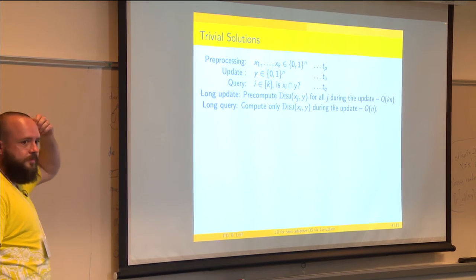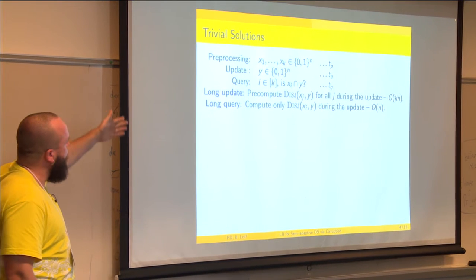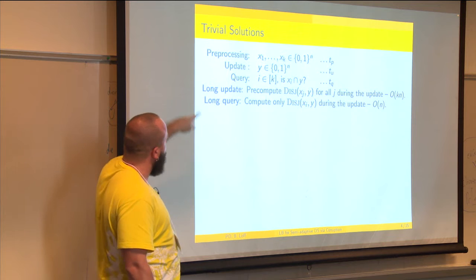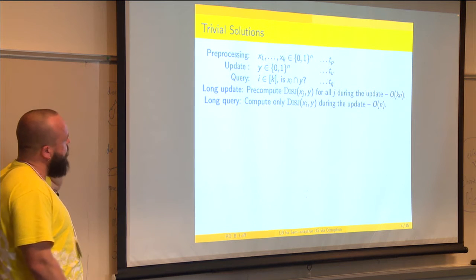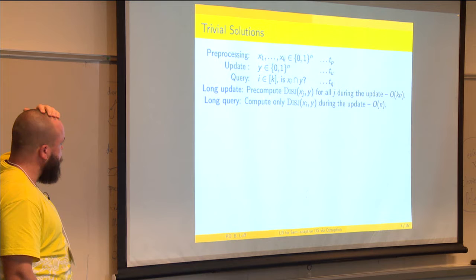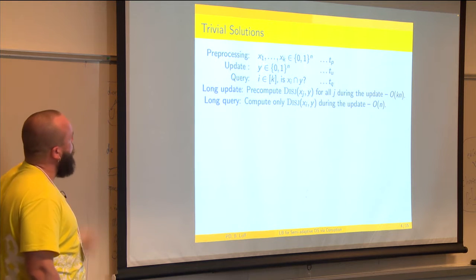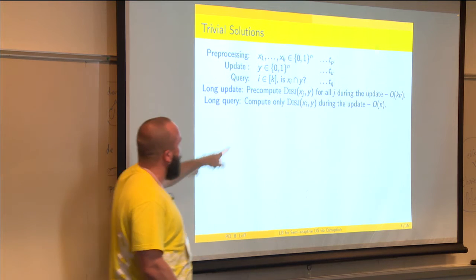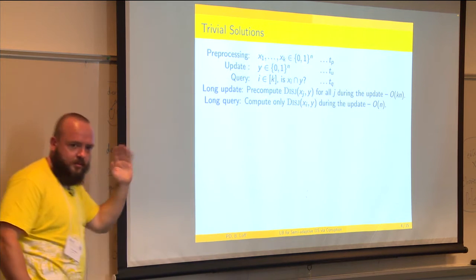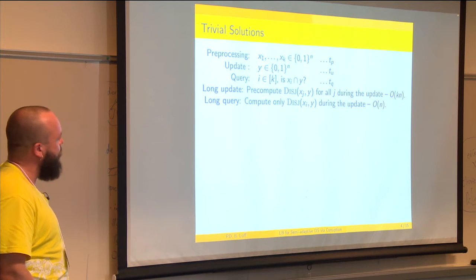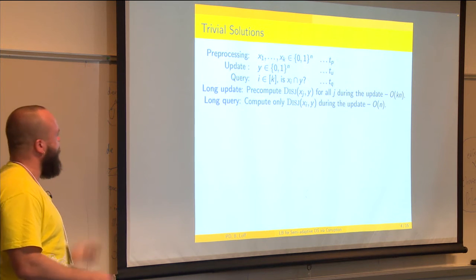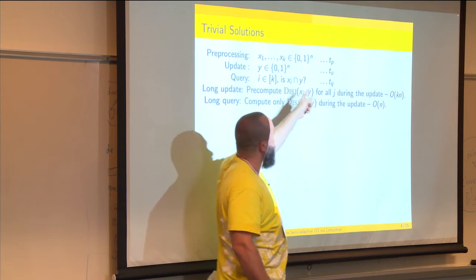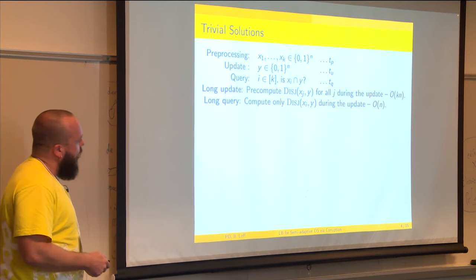So we have two trivial solutions for this. One more thing: during this whole talk, I assume that the preprocessing time is polynomial. We are not very interested in the preprocessing time. We are interested in the trade-off between update time and query time.